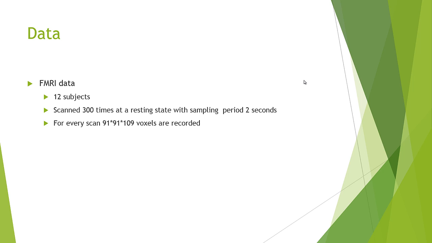Because there is some noise at the beginning of the scan, although there are 300 times, you only take 295, because you have to discard the first 5, which contain a little more noise. In total, you have 91 by 91 by 109 voxels.